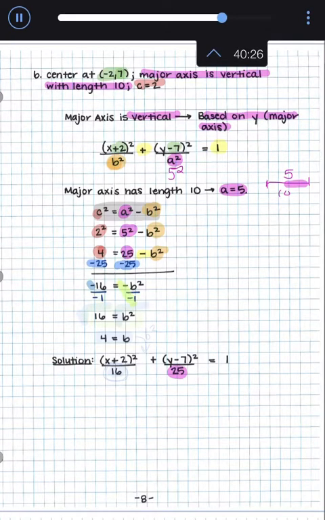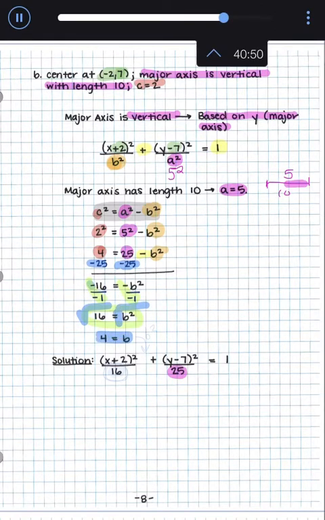So we'll divide both sides by a negative 1. That'll get us that b squared equals, from a negative 16 to a positive 16. Then how do you figure out what actually b is? You'll take the square root of both sides of the equation, and you'll get that b equals 4.